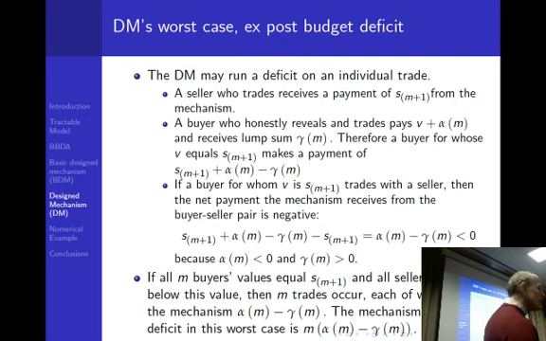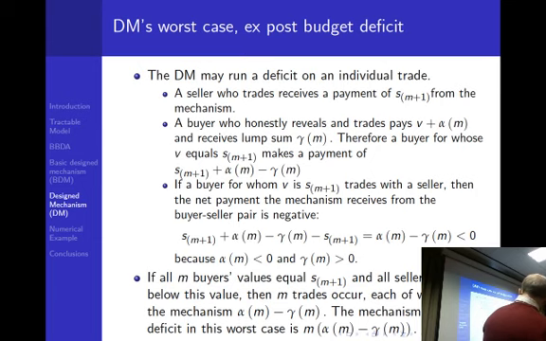I can't remember who I said the seller was, but anyway, for the seller with which this buyer is matched, the mechanism has to pay out S_{m+1}. So S_{m+1} cancels, and so we have alpha_m minus gamma_m, and alpha_m is a negative number, gamma_m is a positive number, but it's got a negative sign on it. So what the mechanism is paying out is a negative number. And gee, that can be a big number.